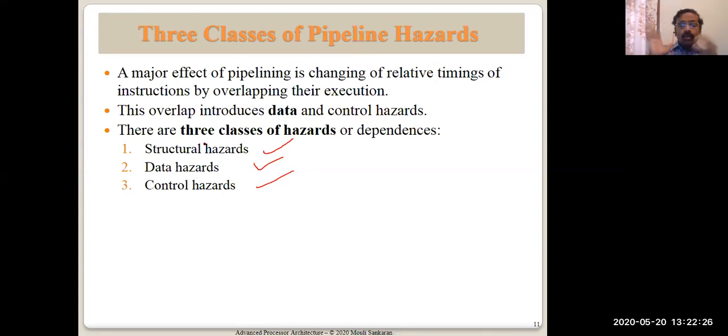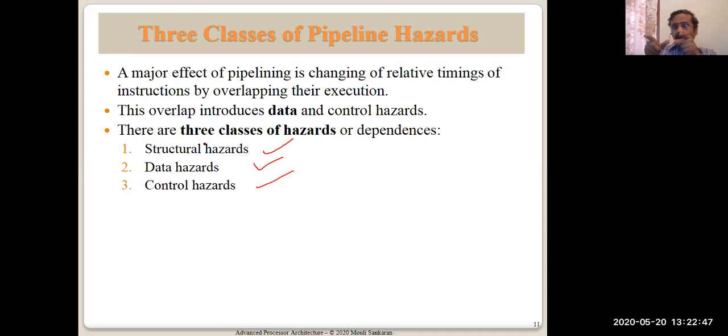But you guys know instructions like branch, jump on carry, BNE, branch not equal to, branch equal to. There are so many instructions you have seen which are control instructions. That means the flow of instruction changes.